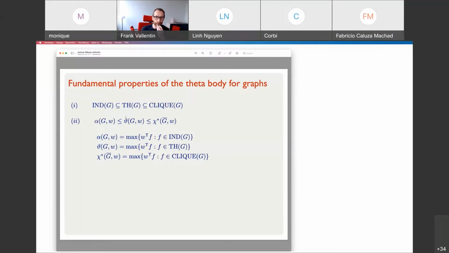The weighted theta number of the graph G with weight W is maximizing the weight function over the theta body. And this is again less or equal than the fractional chromatic number, or the fractional weighted chromatic number, of the complementary graph, so when we maximize the weight function over the clique inequalities polytope. These inclusions are reflected by the inequalities of the optimization parameters.